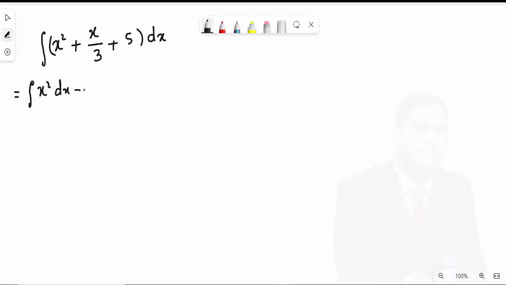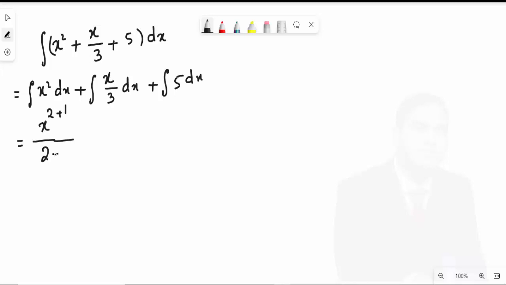Separate all the values: plus integration sign x by 3 dx plus integration sign 5 dx. Clear? Integration of x square will be x raised to the power 2 plus 1, and the same power will be in the denominator.